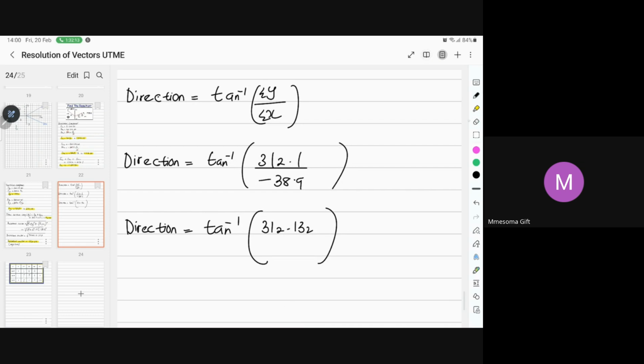So tan inverse of that value, what will it give us? So what's the direction of the vector? Remember that direction is simply the angle theta of the resultant vector. So theta, give us the value. Give us the direction.